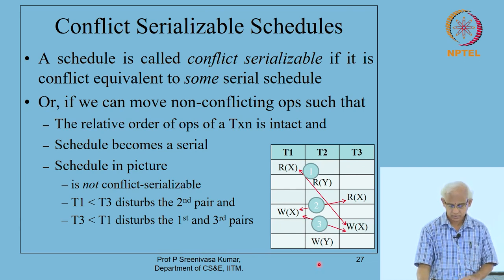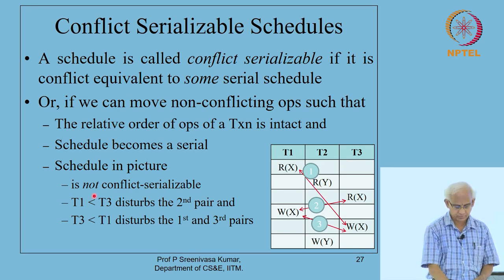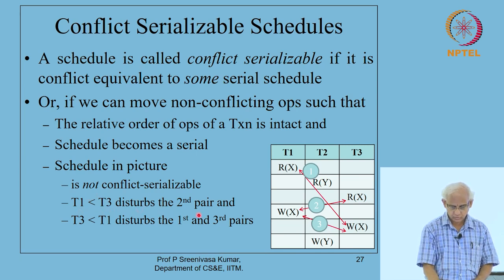Whereas, if you focus on the operations of T1 and T3, and try to check if this schedule is conflict equivalent to a serial schedule in which T1 comes before T3, what does it mean?